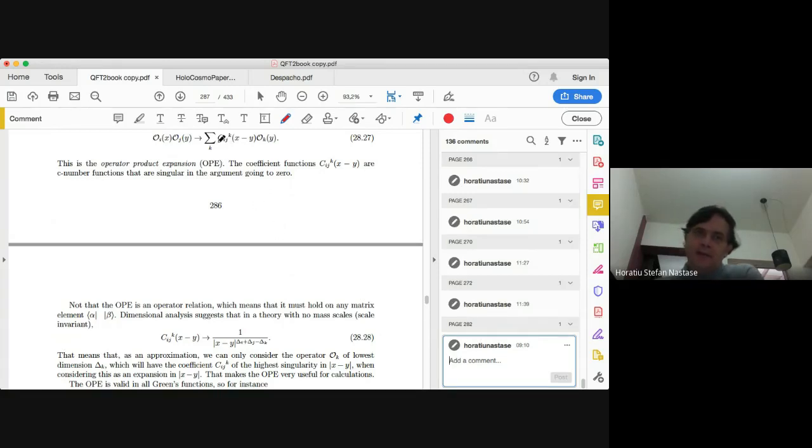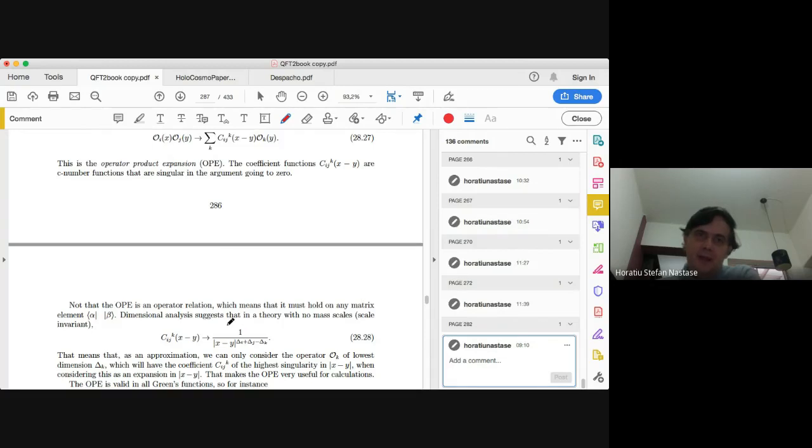On the other hand, by translational invariance, this would be something that depends on x minus y, and this would also depend on x minus y, that is divergent.